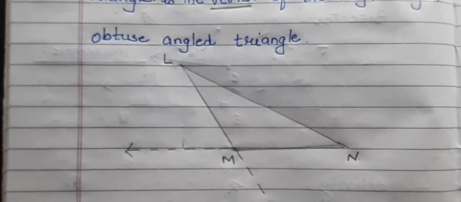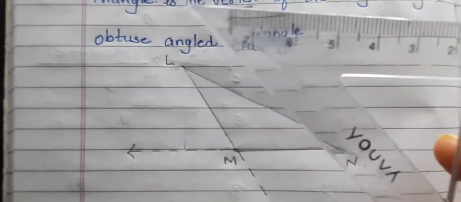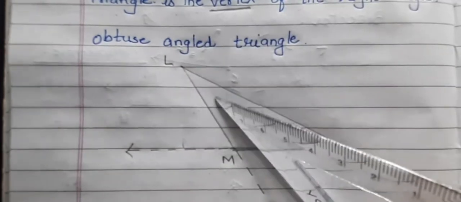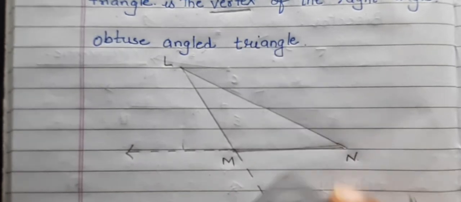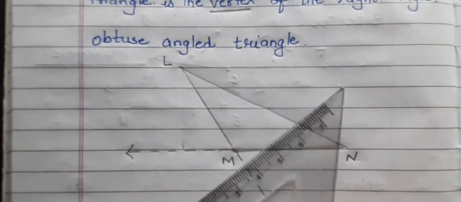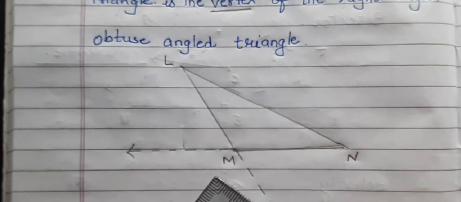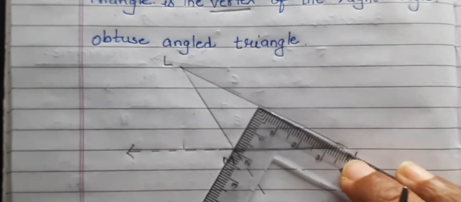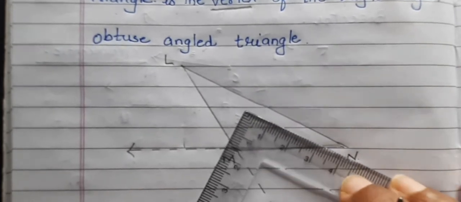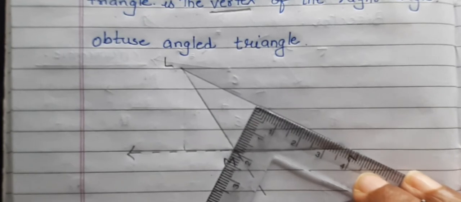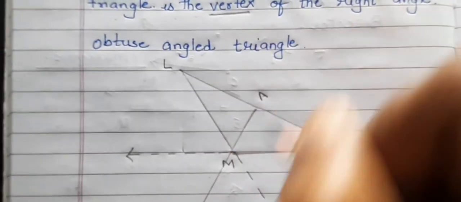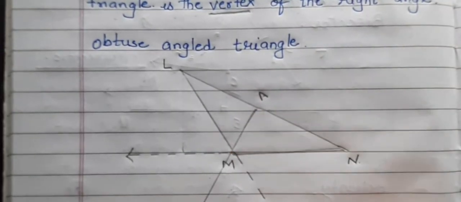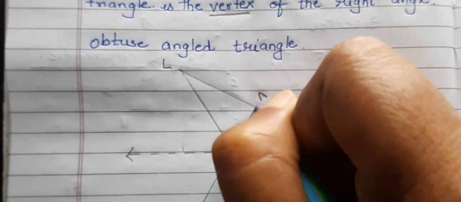So we are going to use the set square to locate the orthocenter of an obtuse angle triangle. I'll place the set square on LN such that it makes a right angle at LN, and one of its rays I'll name AB.